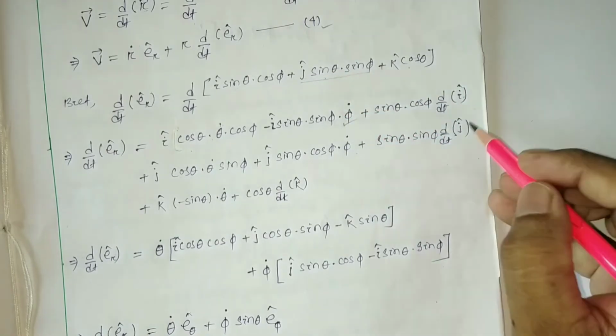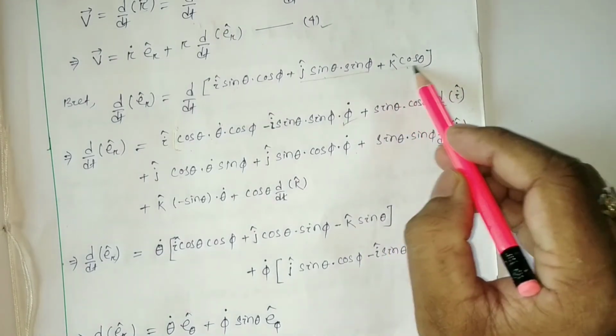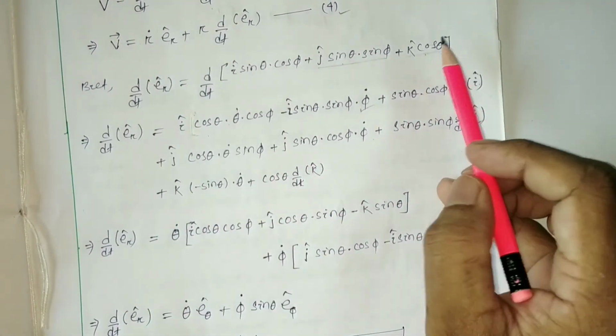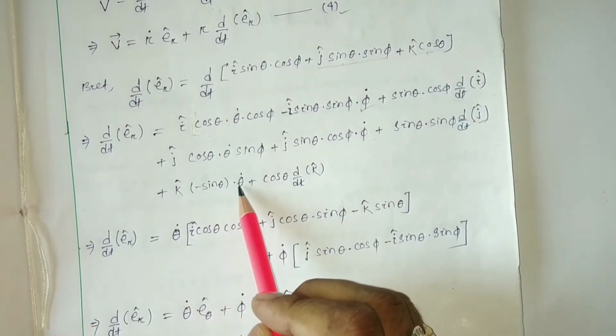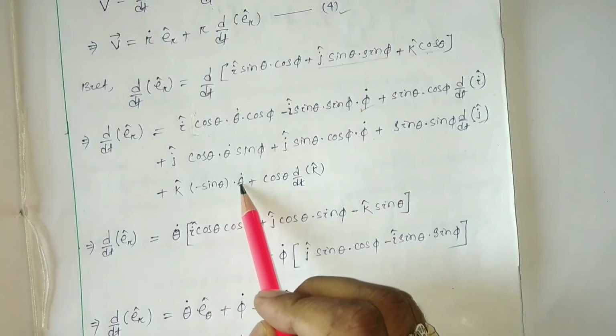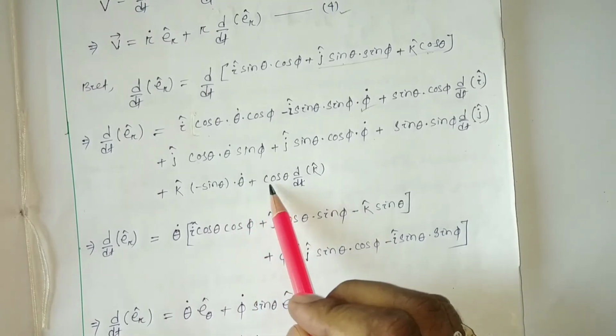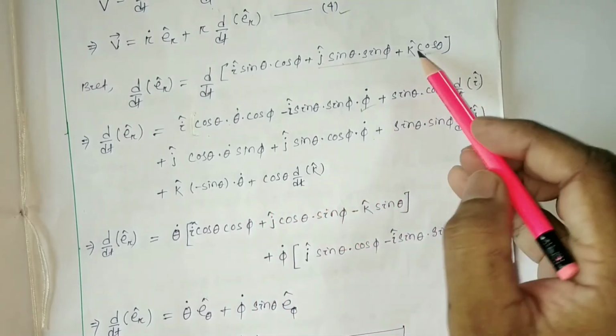Next we consider this one: k cap cos theta derivative with respect to t, minus sin theta into d by dt of theta, meaning theta dot, then cos theta d by dt of k cap.